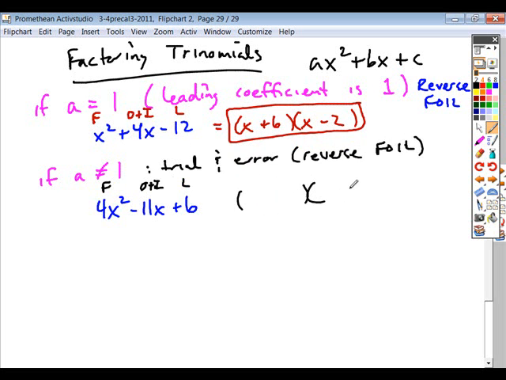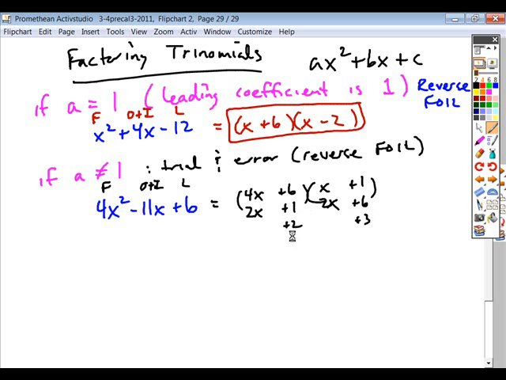So if you're going to use trial and error on this, you need to test all possible combinations. So we have 4x and x, or 2x and 2x. Those are the only two combinations of our first terms that are going to give us 4x squared. The combinations of our last terms to give us 6 are 6 and 1, 1 and 6, 2 and 3.